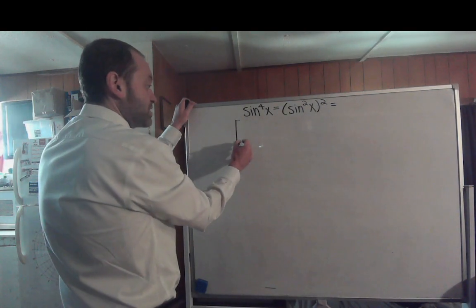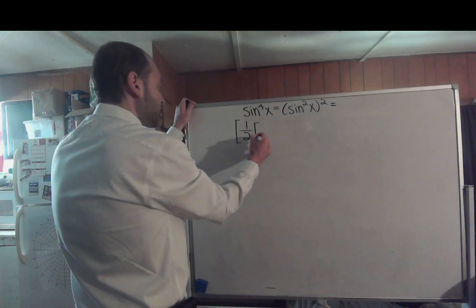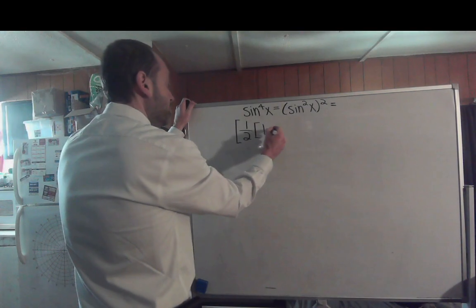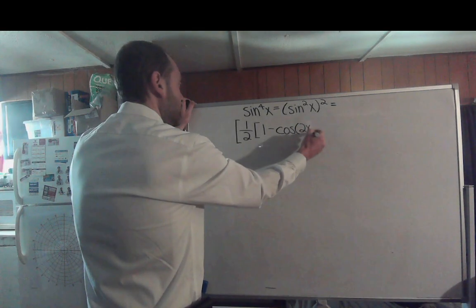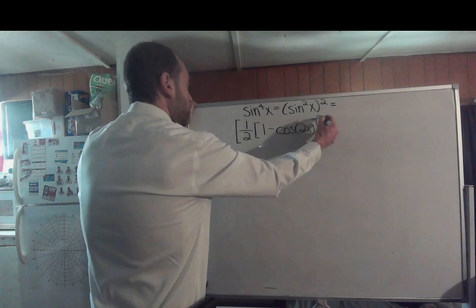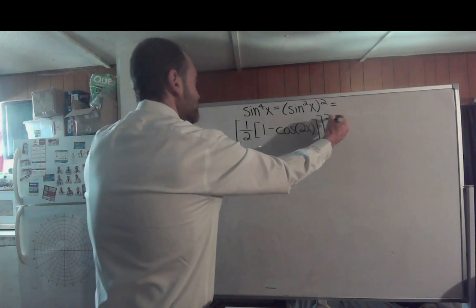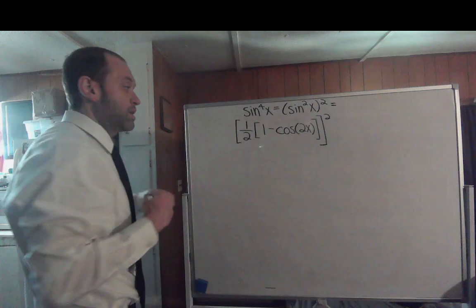So keep in mind we got to square this whole quantity. This would end up being 1/2 times 1 minus the cosine of 2x, all that, the whole quantity raised to the second power because it's sine squared of x squared.